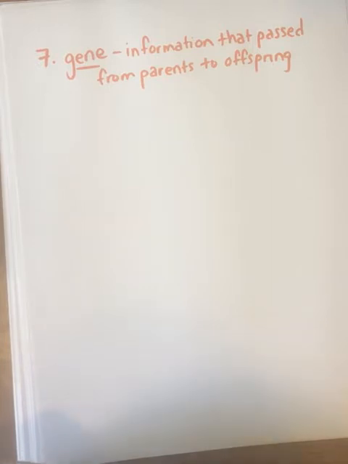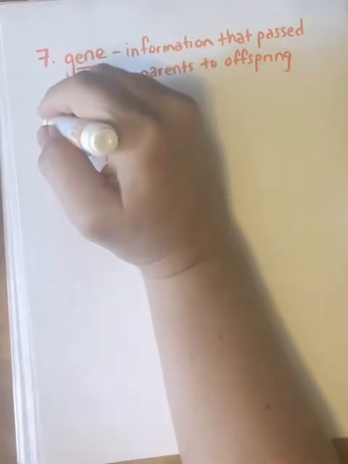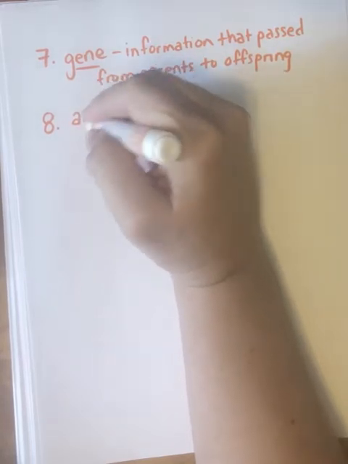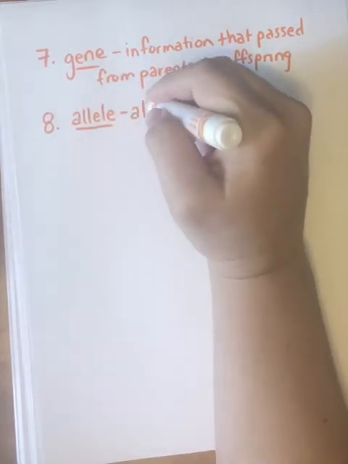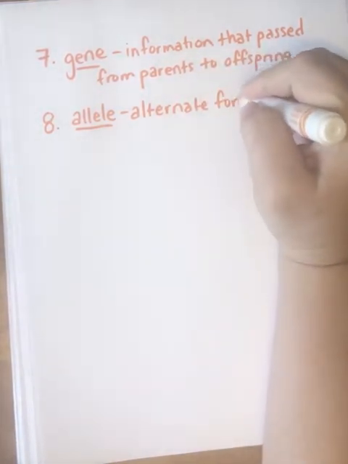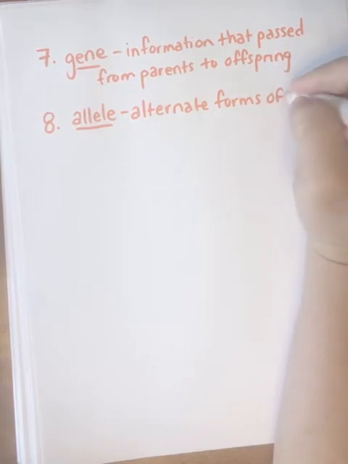Now, everybody has 2 sets of information from their own parents, but you can't pass both genetic information. That is called an allele. These are alternate forms of a gene.